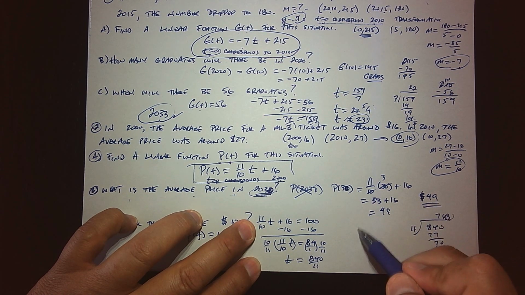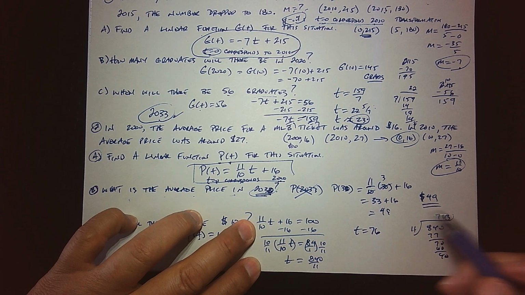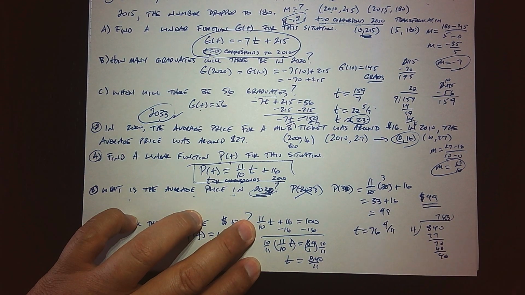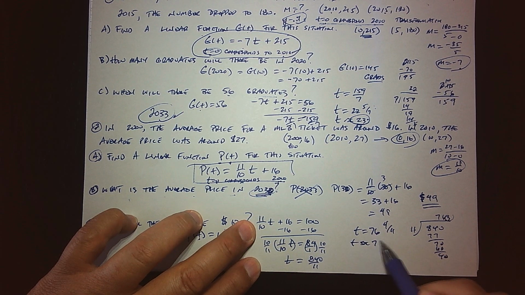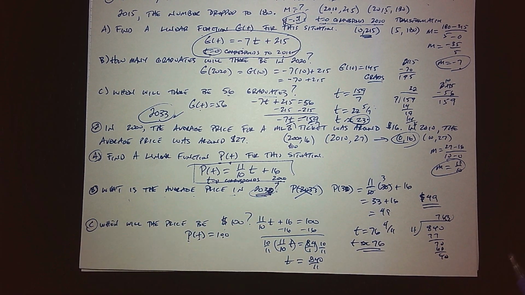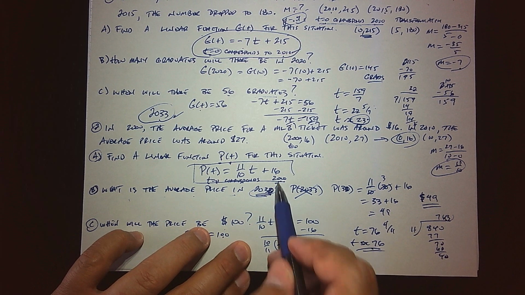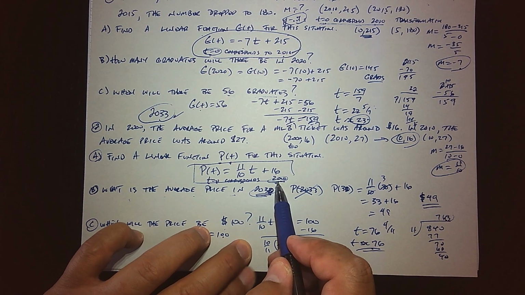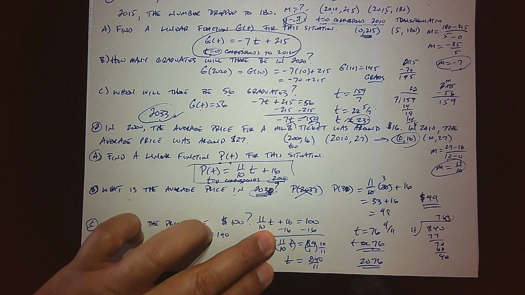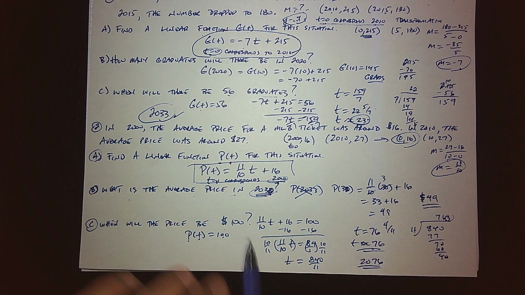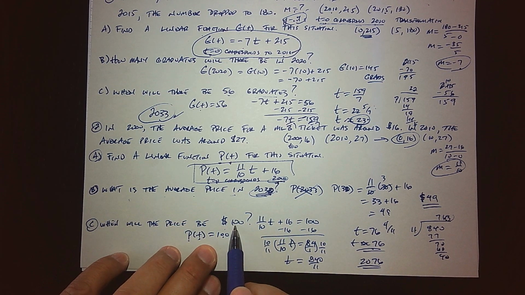So we have t is 76 and 4/11. So if I had to round that off, we're probably talking 76 years from now. Of course, 76 years from when? From the year 2000. So 2076 will be the year where I expect the price to be $100 based off of the model.